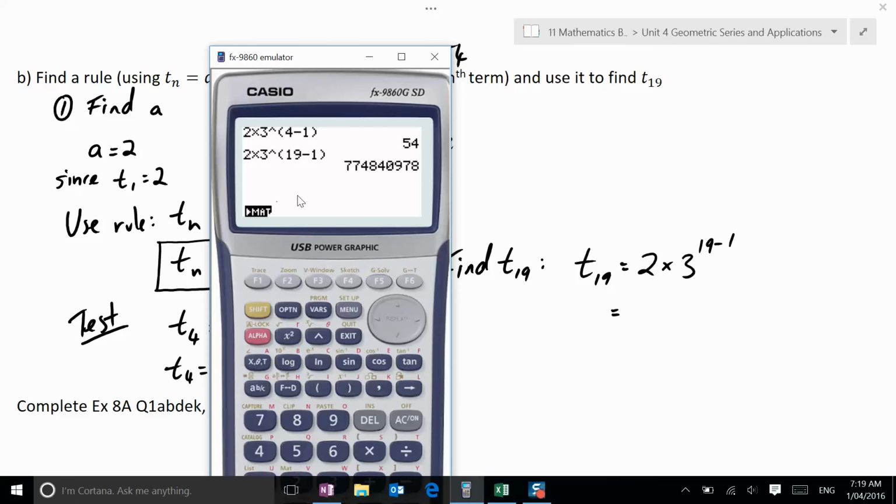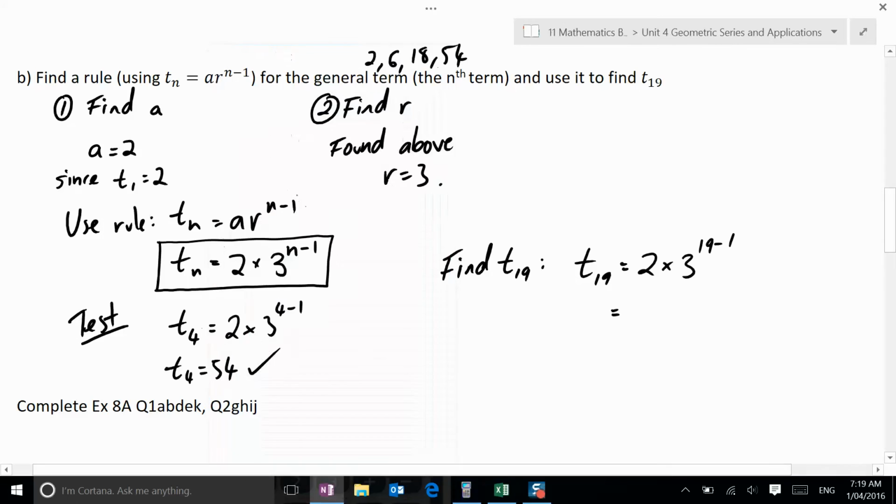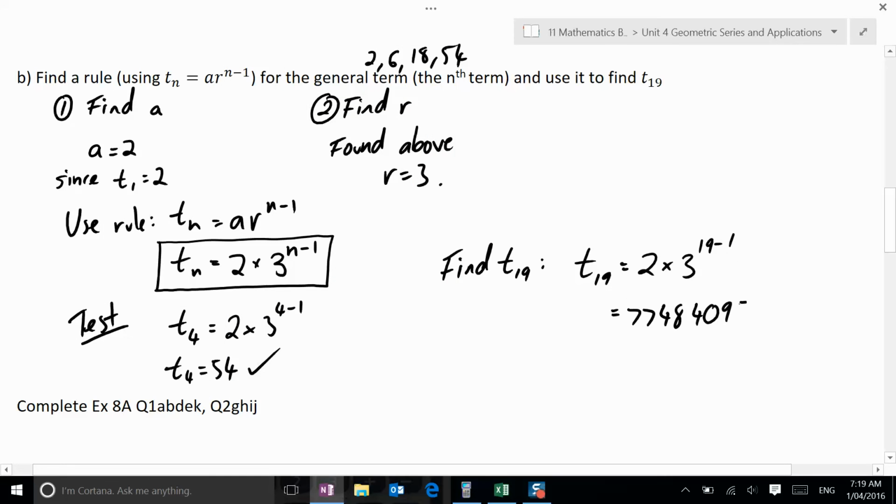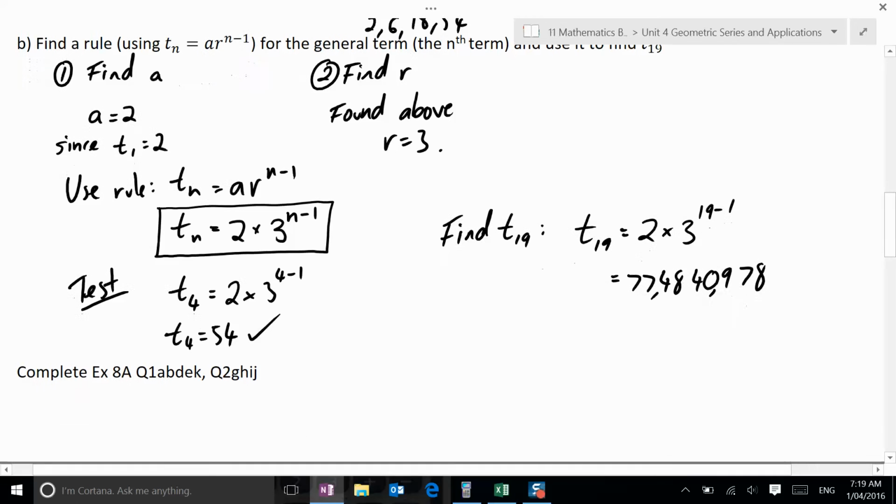Should have chosen a smaller example. 7748 40978. Just put commas in each 3, so I get 77 million. And I didn't have to do many calculations at all. I can just use that idea.